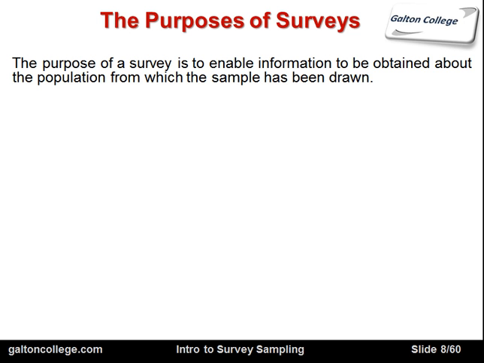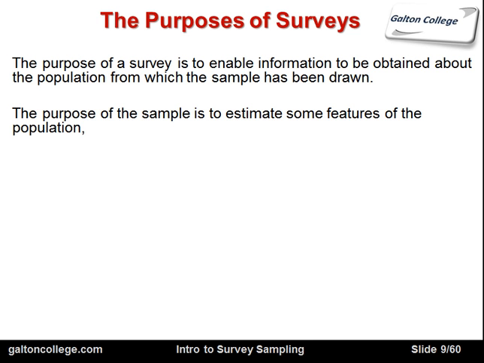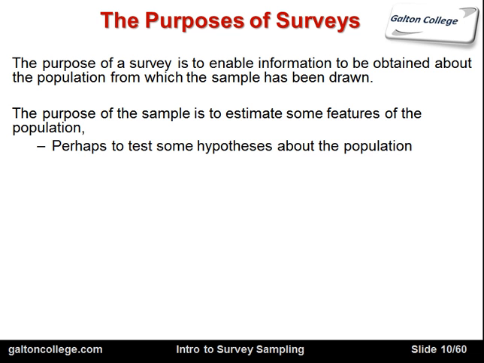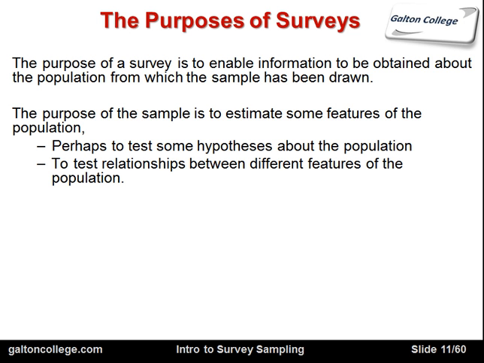Perhaps conducting a census would be too expensive or too time-consuming. So we use sample data. By and large, we use sample data. Now, the purpose of the sample is to estimate some features of the population, perhaps to test some hypothesis about the population, or it could be to test relationships between different features of the population.